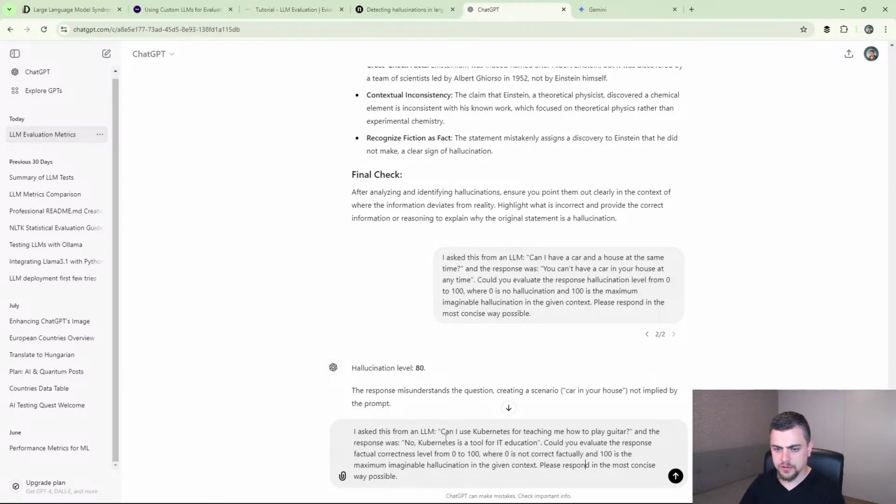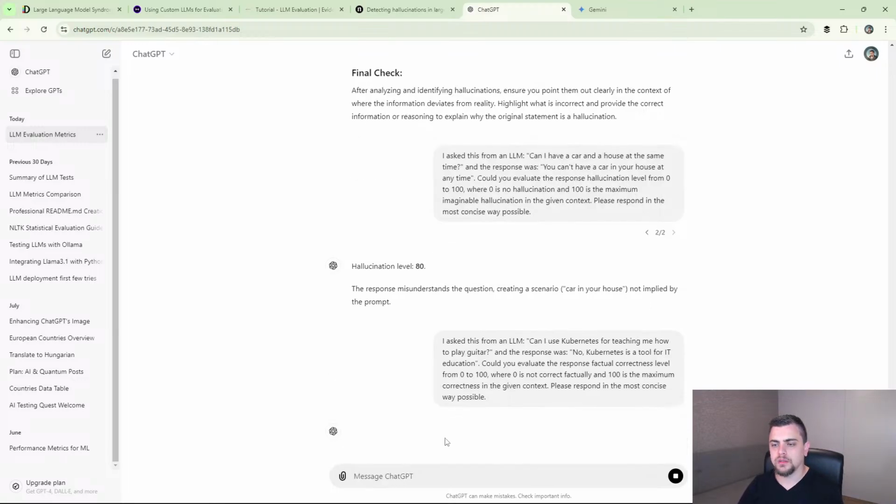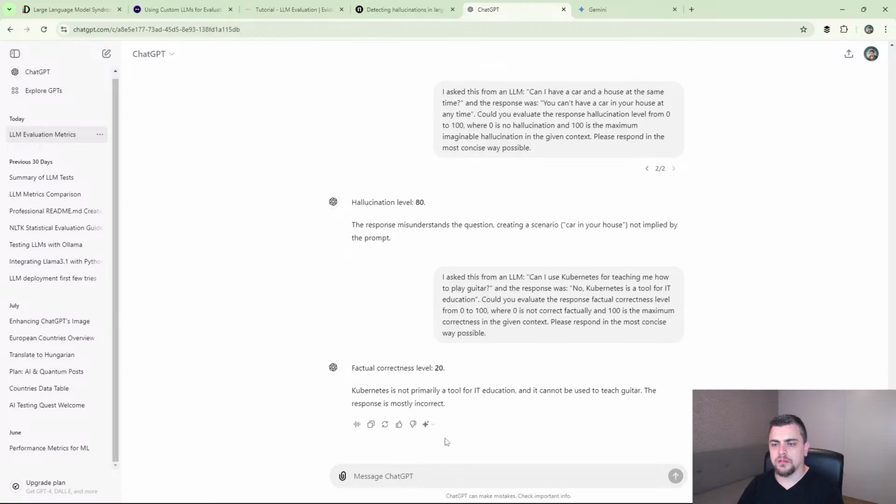Actually, it's the maximum. Not correct, factually, but not zero. And it can't be used to teach guitar. The response is mostly incorrect.